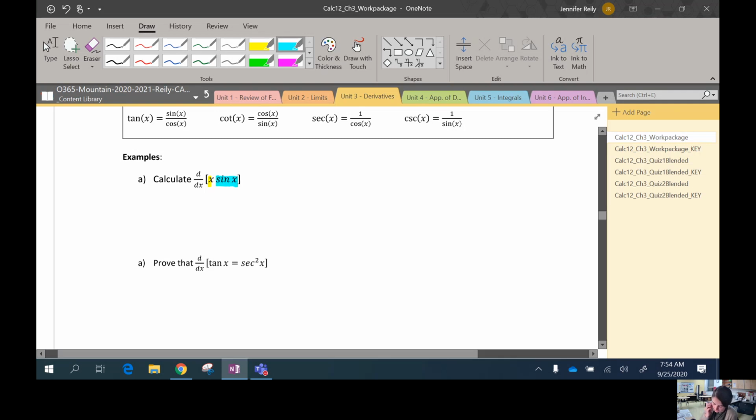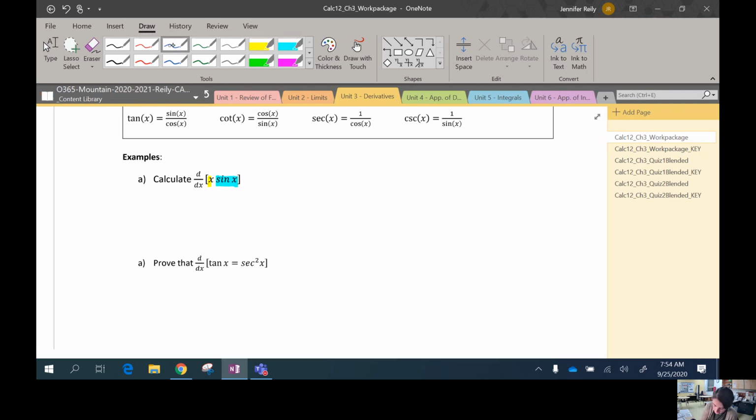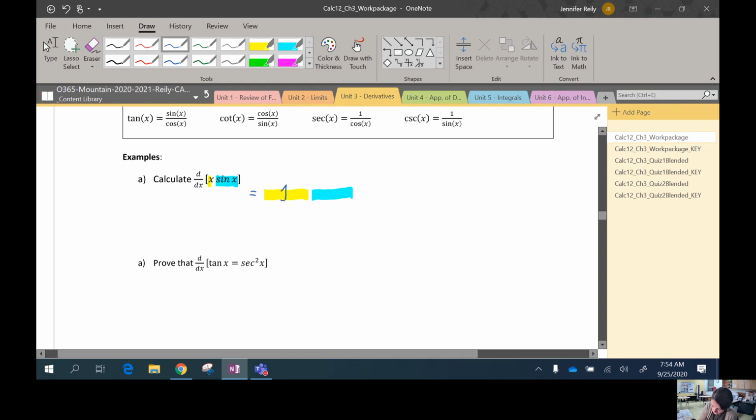And we have to recall our product rule, which says that you take the derivative of the first function times the second function. So the derivative of x is 1. And then we just leave sine x, plus we leave the first function and we multiply by the derivative of the second function. So we leave x as it is and we take the derivative of sine x, which is cos x, and we're done.